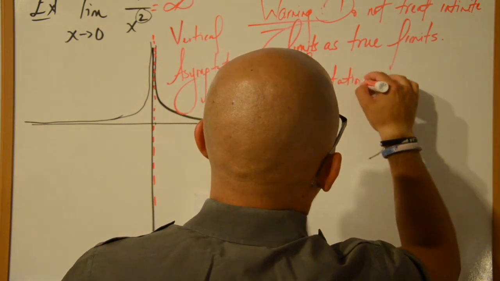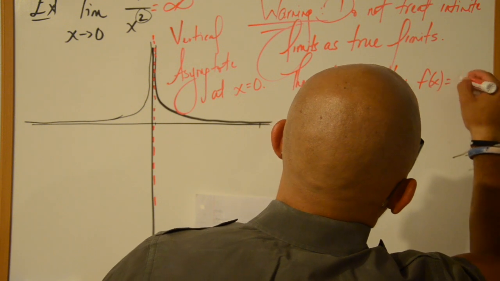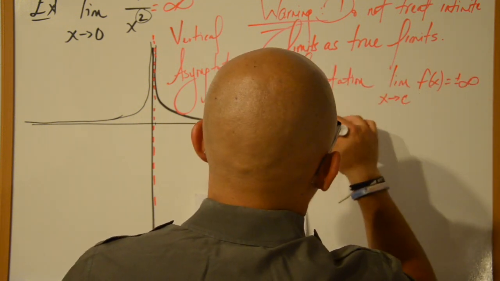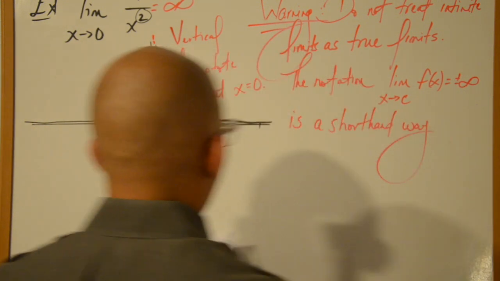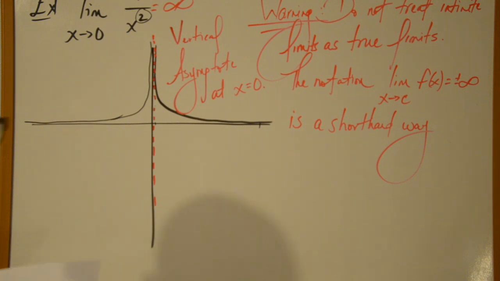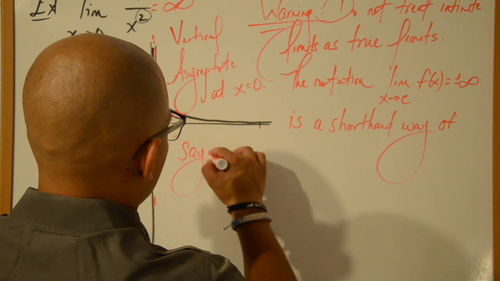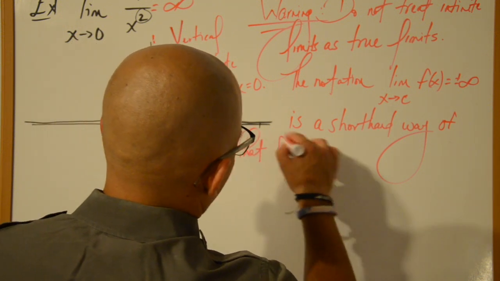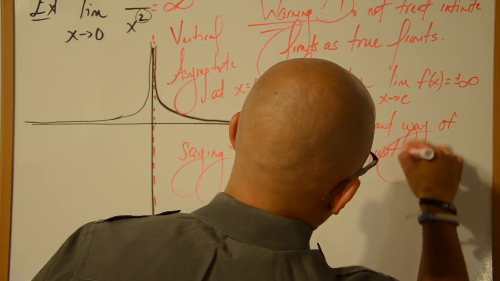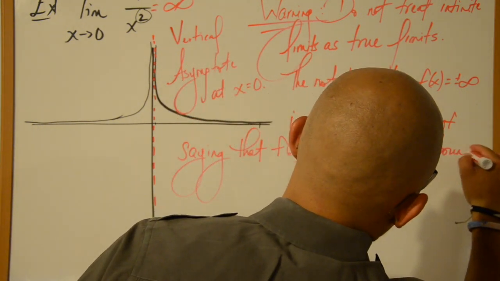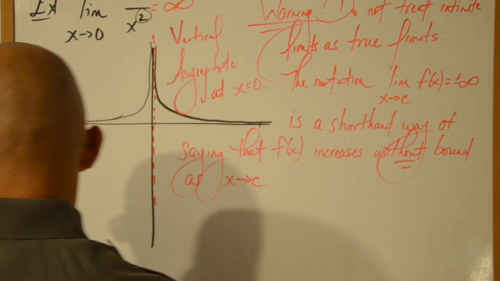The notation limit as x approaches c of f of x equals positive or negative infinity is a shorthand way of saying that f of x increases without bound as x approaches c.